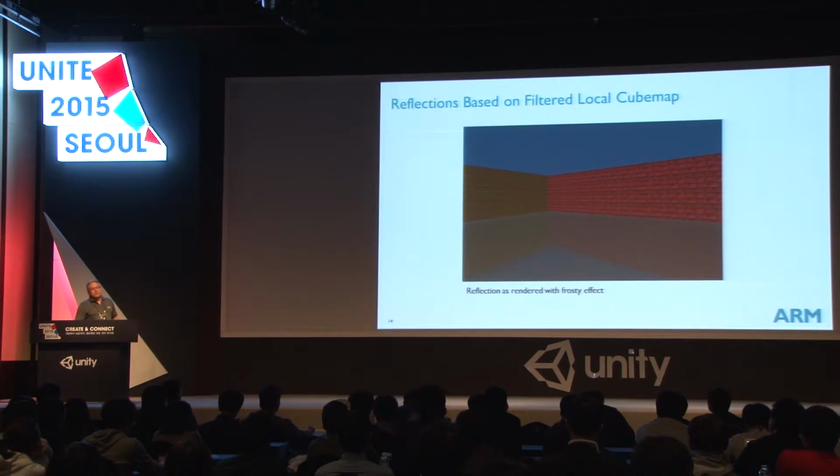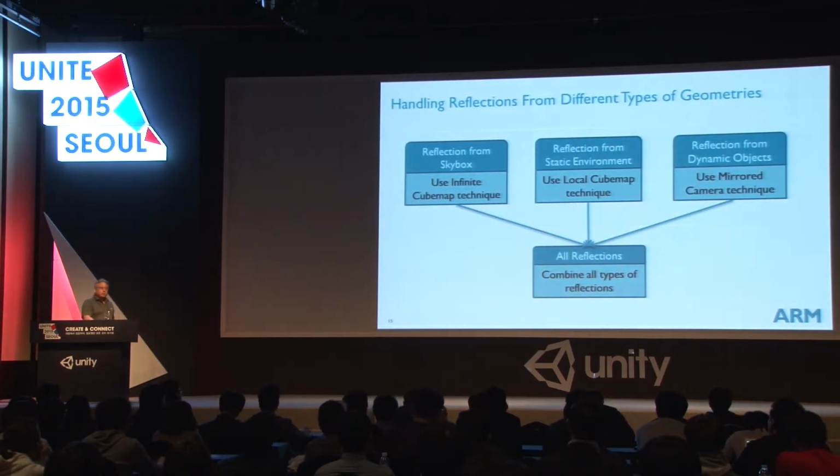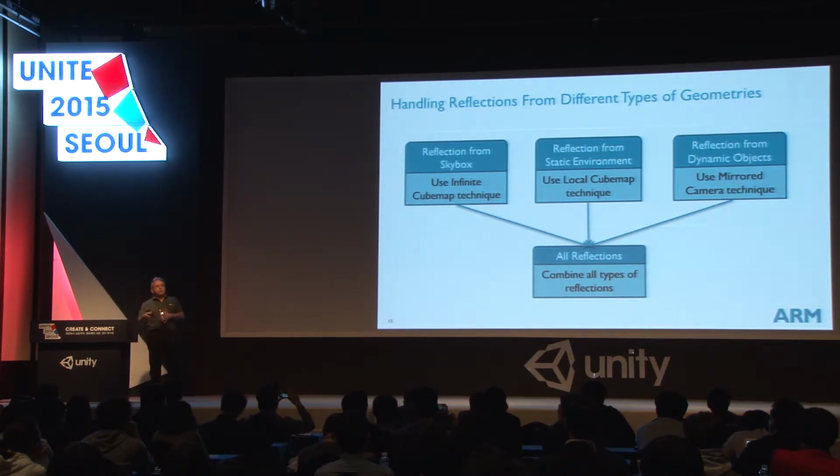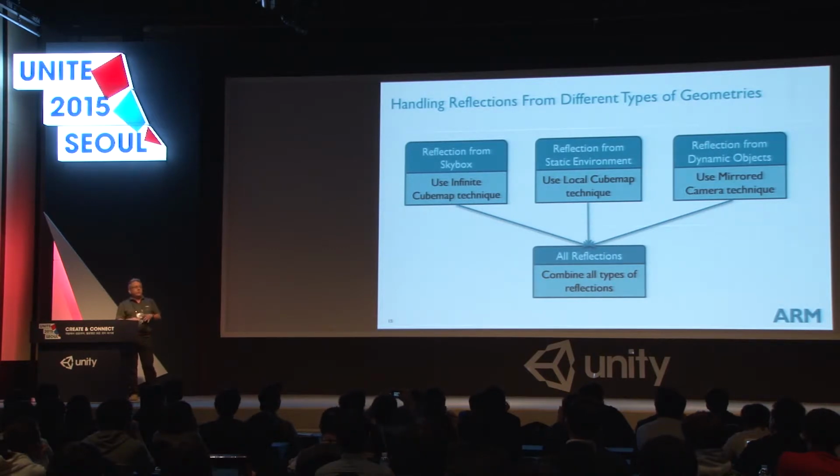So how can we handle this problem, which is a real problem if you think about it? The solution is just to combine the reflection from static geometry using the local cube map approach with reflections from dynamic objects rendered at runtime.